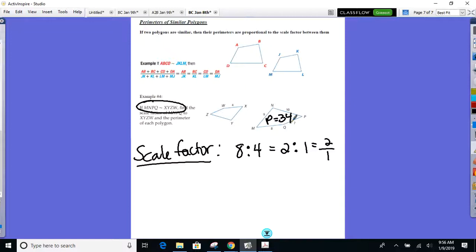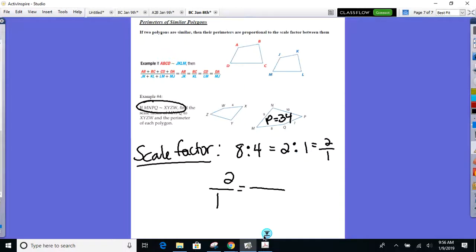Okay, I could find all the sides. I could do all these proportions, find the sides, and add them up. There's a quicker way, though. See the scale factor? The ratio of the sides? That is also the ratio of the perimeters. So the perimeters are also in a ratio of, ready? 2 to 1. Where can I put that 34 we just found?